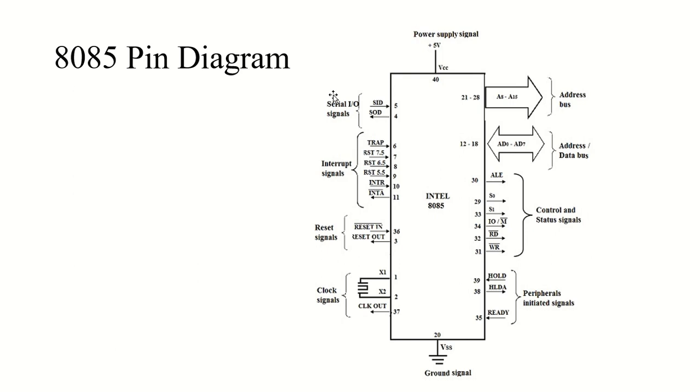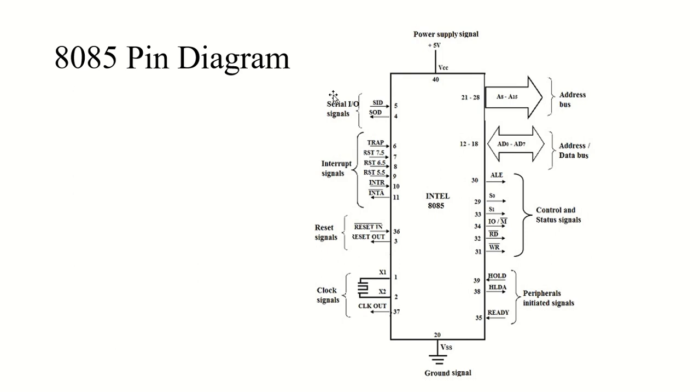Serial input is an active high port pin used to accept serial 1 bit data under software control. When the RIM instruction is executed, the SID, or serial input data pin, loads the data into the D7 bit of the accumulator.